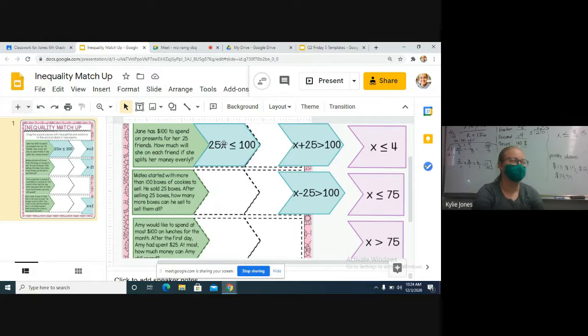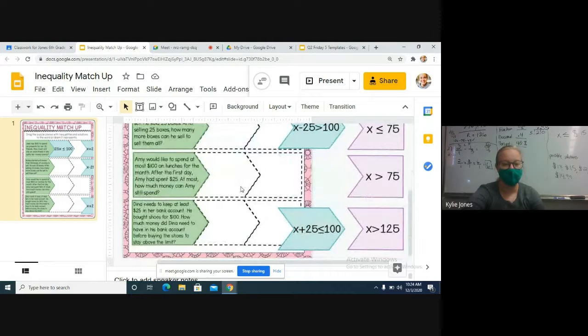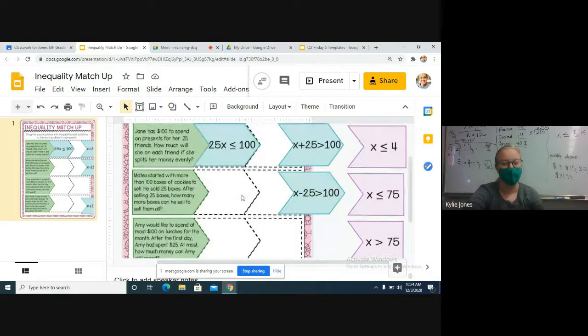Like, if you have more than 100 boxes of cookies that you're supposed to sell, and then all of a sudden they're like, here's more boxes of cookies, then you would be adding more to what you already have. But because they gave him more than 100 and he's selling them, he's getting rid of them.